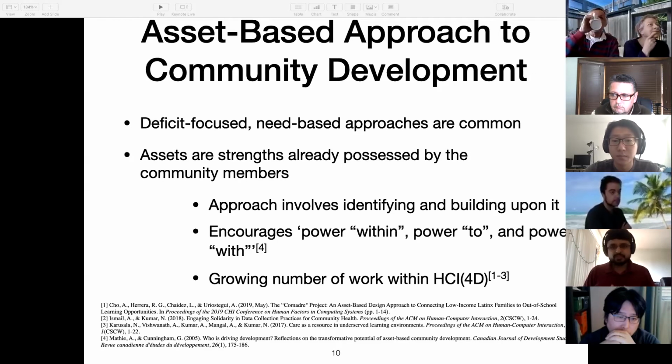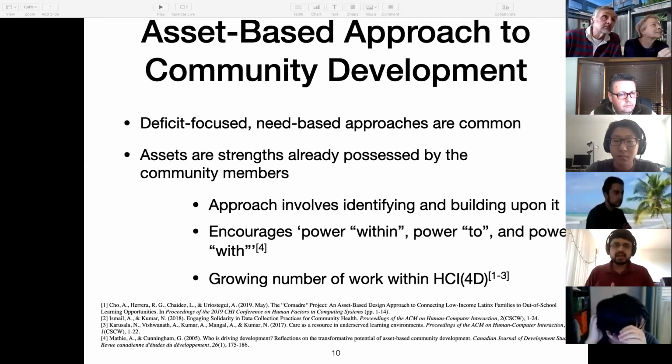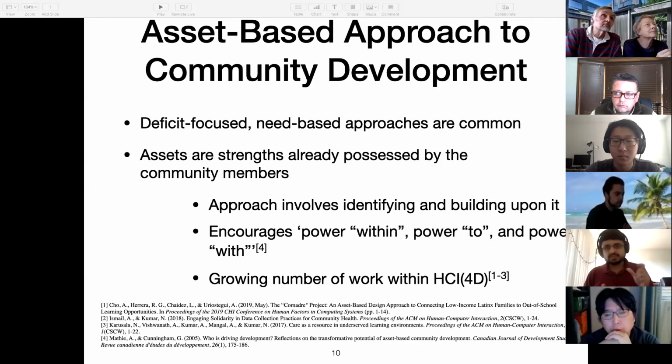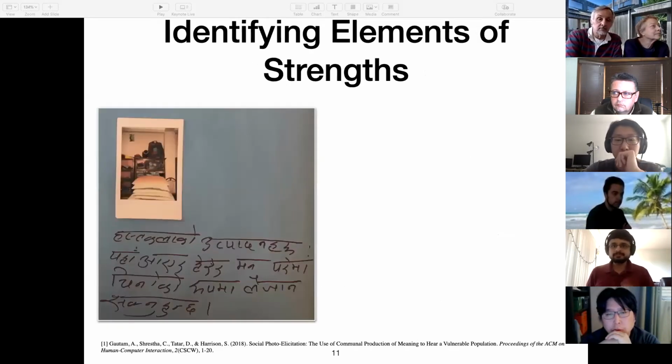Interest in asset-based approaches has been growing in the HCI community as well, such as that in Cho et al.'s work with low-income Latino families in Southern California, and Karusala and Vishwanath et al.'s work in low-resource learning environments in Mumbai, India. The key here is to identify these strengths and seek ways to build upon them.